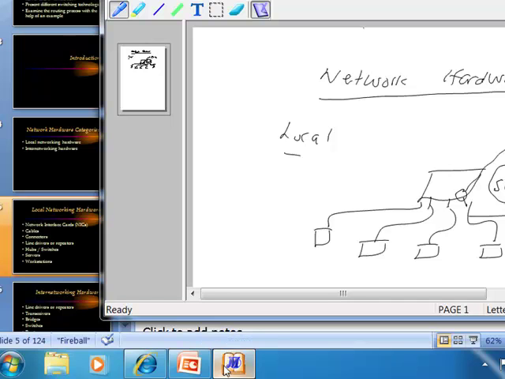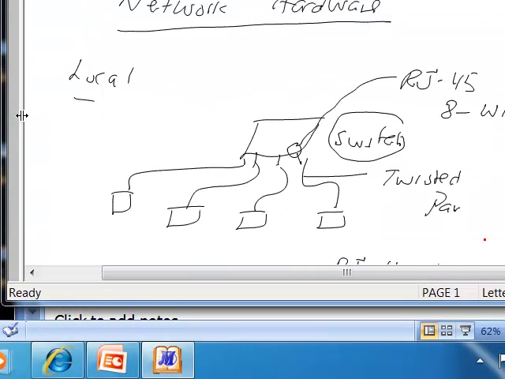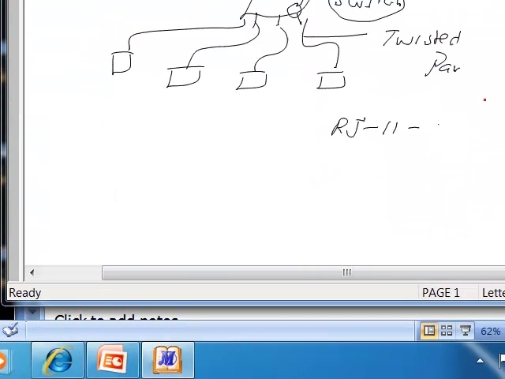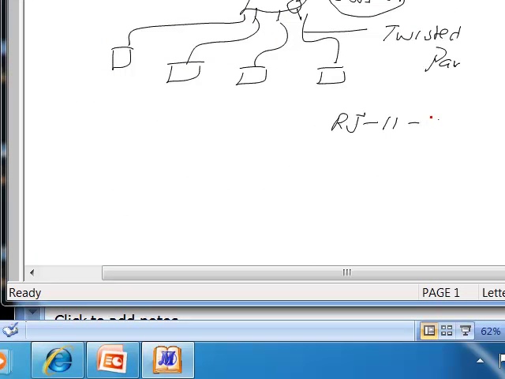Usually the RJ45 is a thicker 8 wire connection. In comparison, something similar is RJ11. That is, sorry, it's not there. The RJ11 is used where? RJ11 is used in phone wires. So these are some of the things that you need to know.